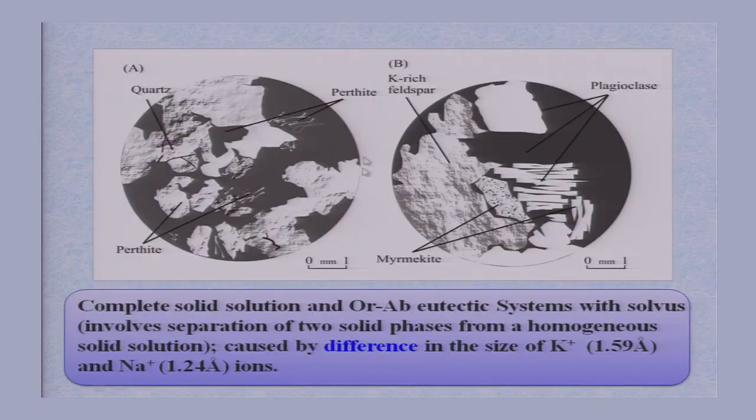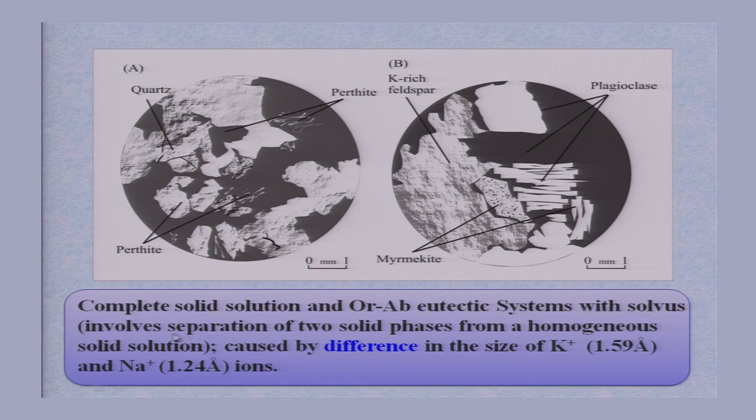See, in this thin section, this photograph is directly taken from the microscope and it represents complete solid solution and the orthoclase albite eutectic system. Normally albite and orthoclase are in a solid solution, but here they are in the eutectic relationship.